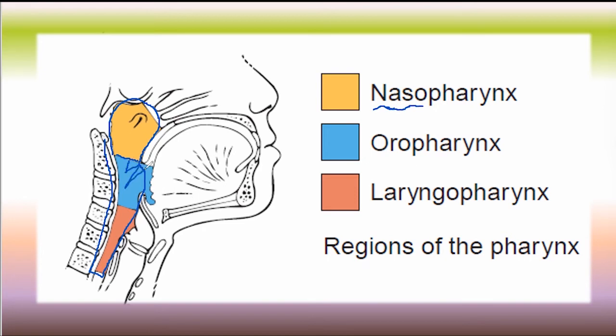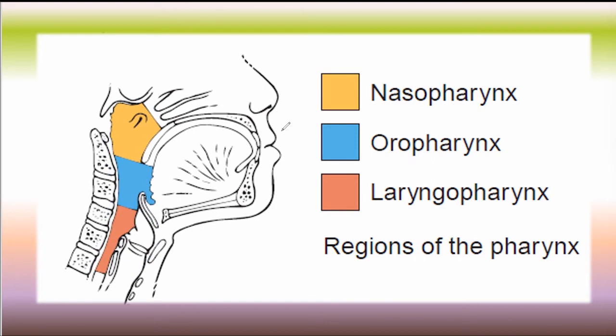And the blue color here, behind the mouth, we call oropharynx. And behind the larynx, which we also call the voice box, we call laryngopharynx. Pharynx is the orange color here. So we say it separates into three parts.